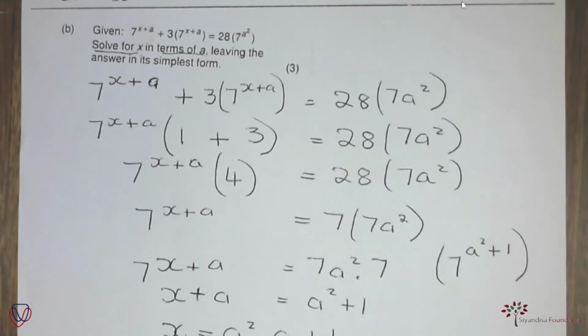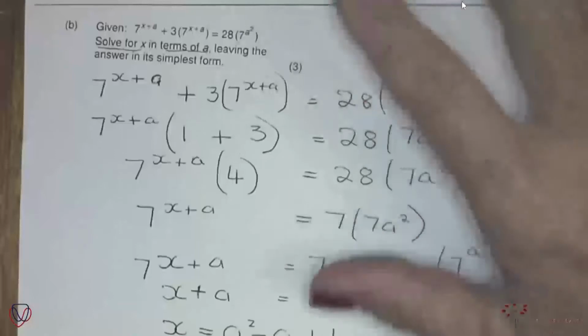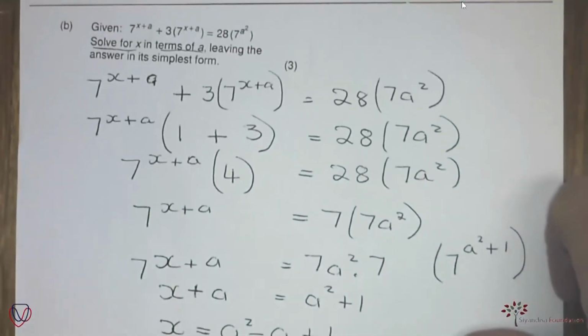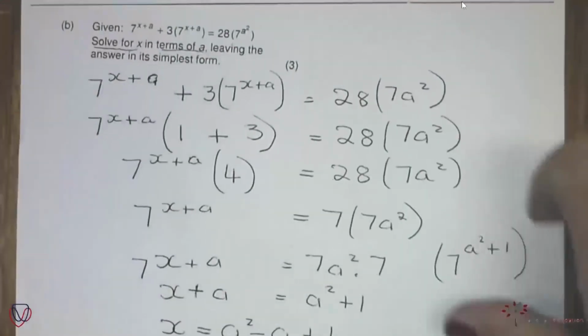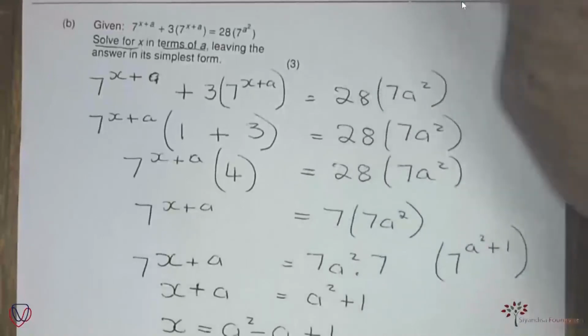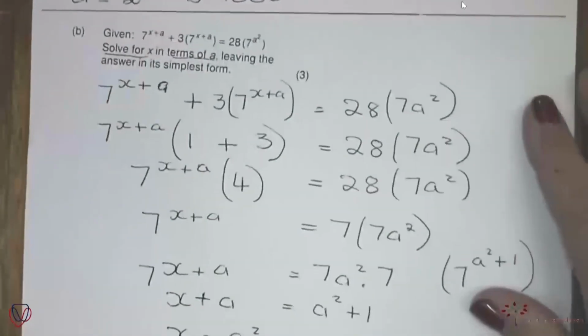Wonderful, people, wonderful. These questions can differ. This is the last question of question 1 normally. So if question 1 is 22 marks and this is 3 marks, why would you waste 10 minutes on a sum like this? Rather leave it, come back to it later.